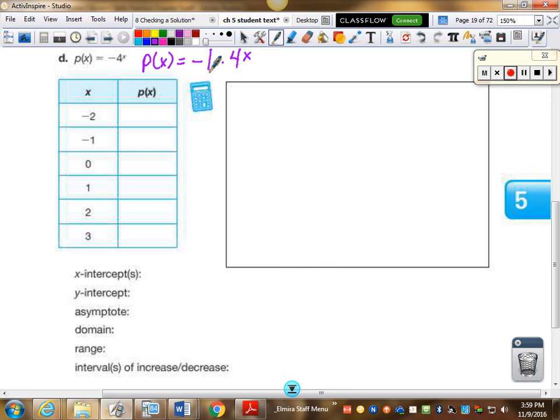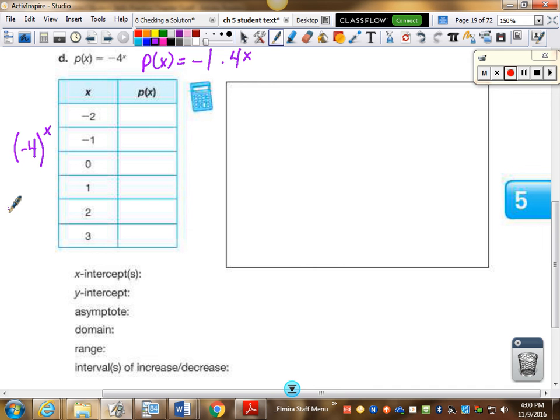Listen. An exponent only raises a base to the exponent. It does not raise a sign to the exponent. The only way b could be -4 is if the negative was in parentheses instead. And that would be a whole different ballgame. Negatives have to be in parentheses in order for that to happen.